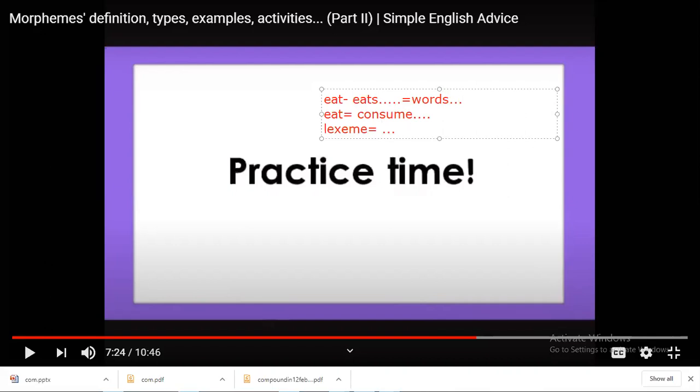So that would mean that eat, eats, eaten, and all the words that come, they all come under inflectional? Yes, they are different words of the same lexeme.